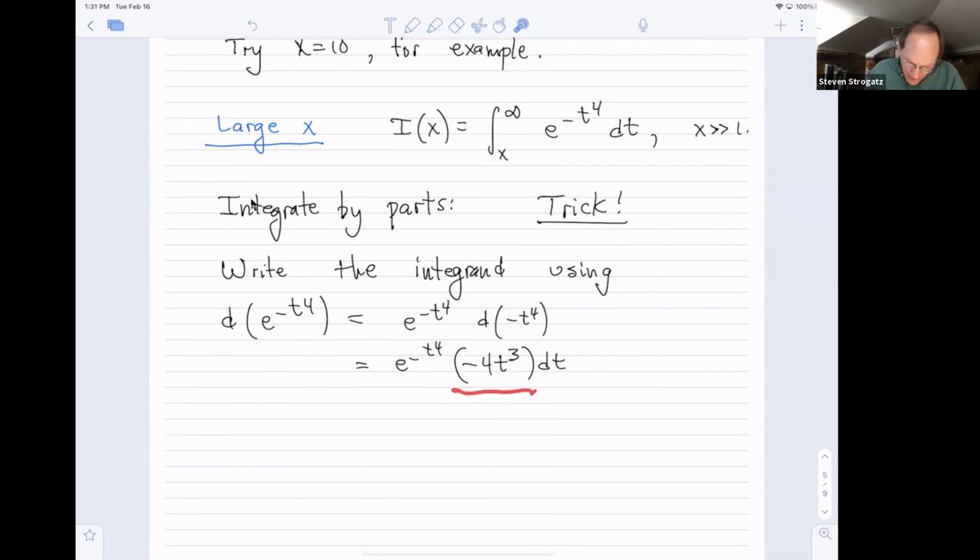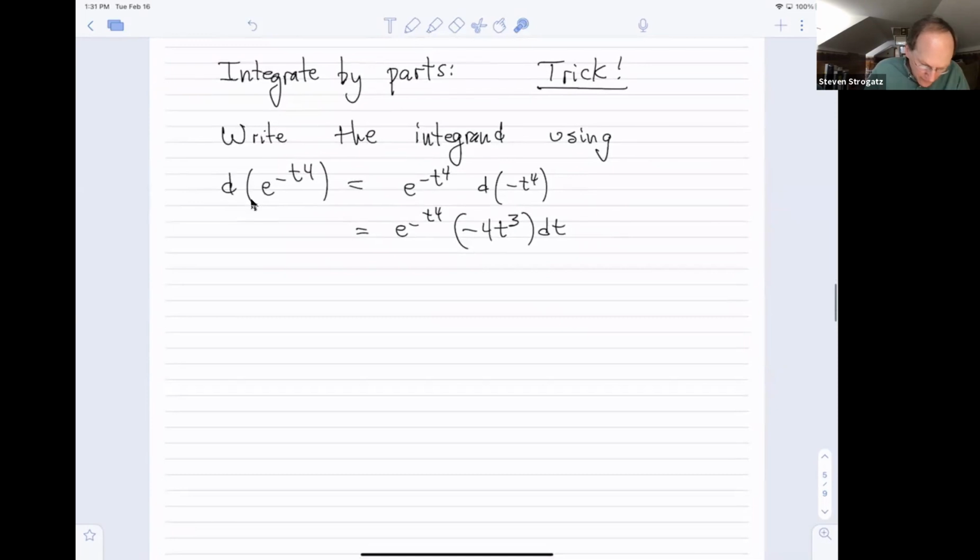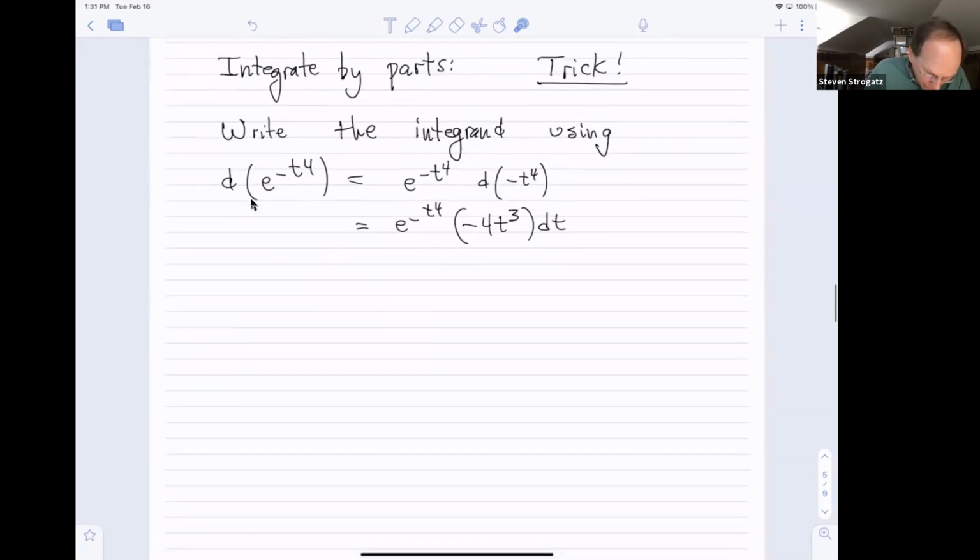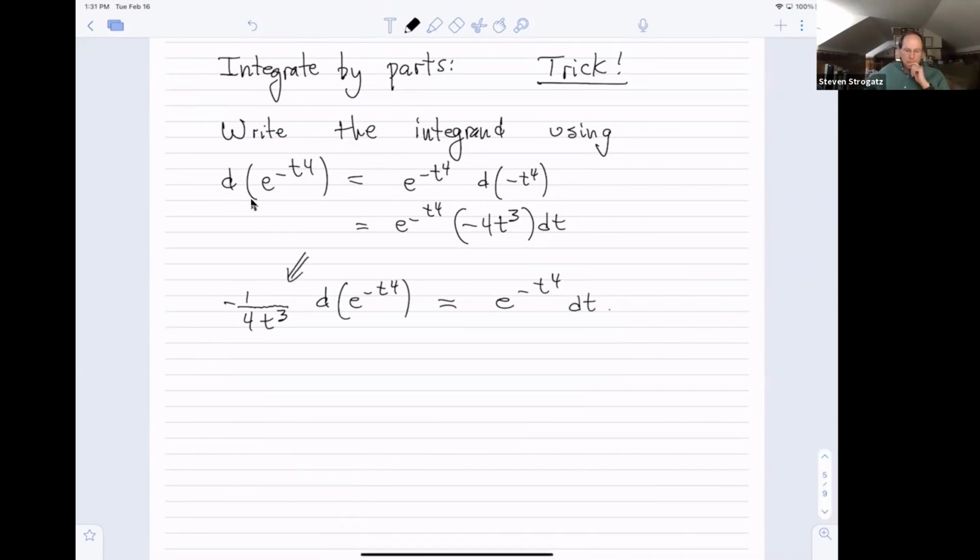In other words, I'm just using the identity that minus 1/4 t cubed in the denominator, d of e to the minus t to the 4th is equal to e to the minus t to the 4th dt. And so I'm going to replace my integrand with this expression on the left-hand side.